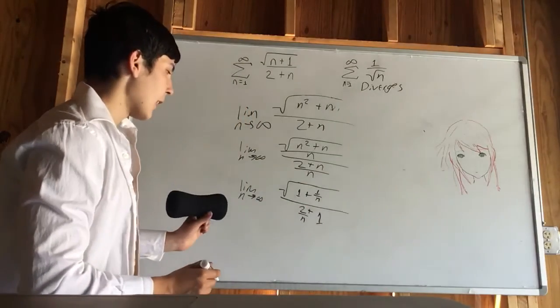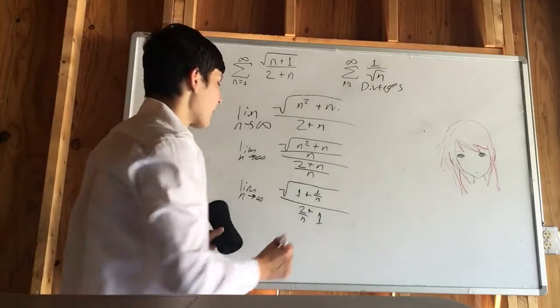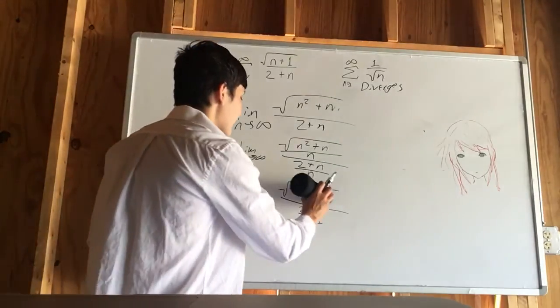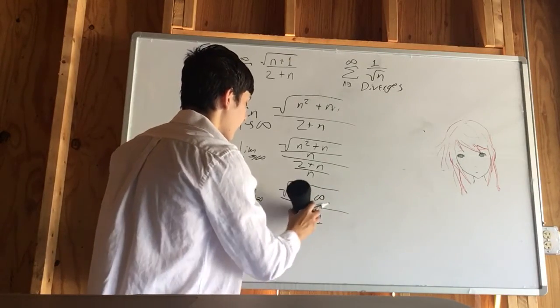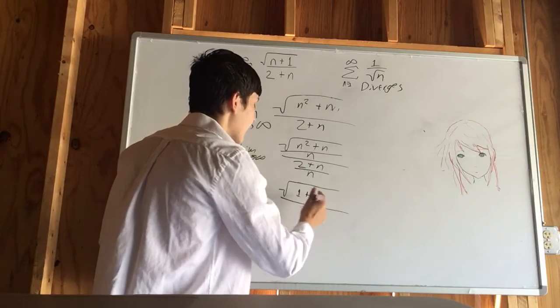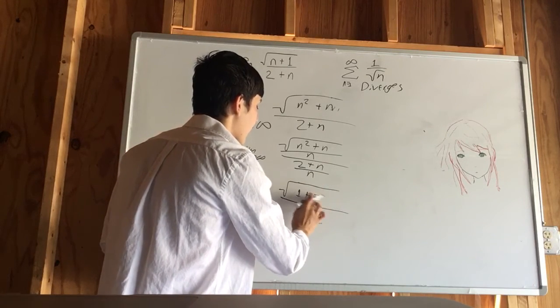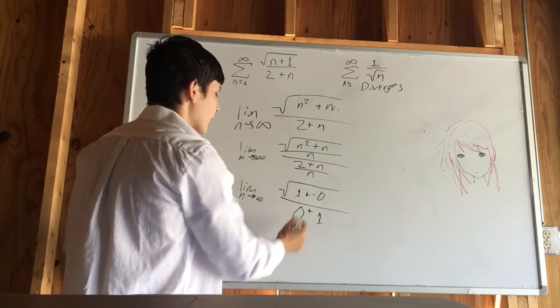Now we can plug in our infinity. If we plug in infinity into that, we would get 0, because we have infinity in a denominator. This goes to 0. Infinity in the denominator would give you 0. And over here also 0.